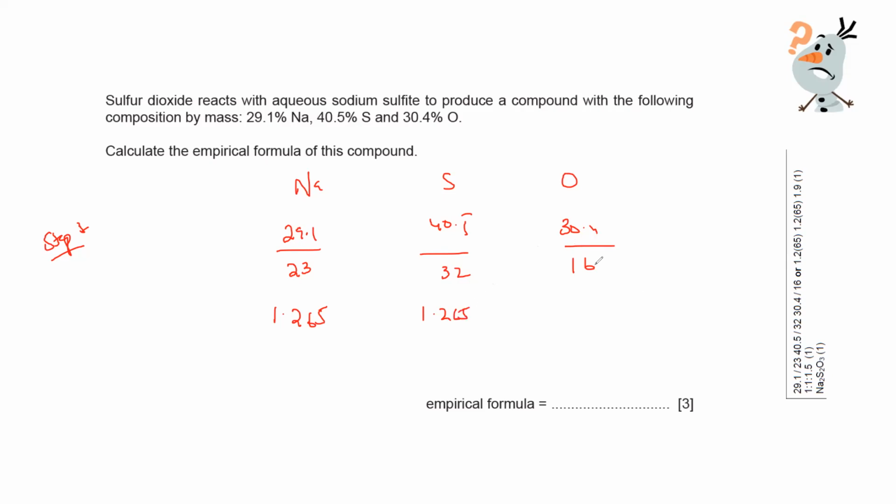And 30.4 divided by 16 equals 1.9. Then we divide by the smallest value.